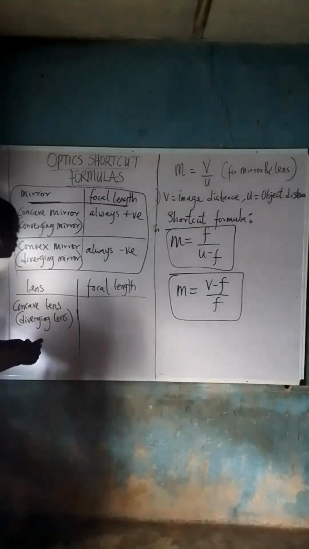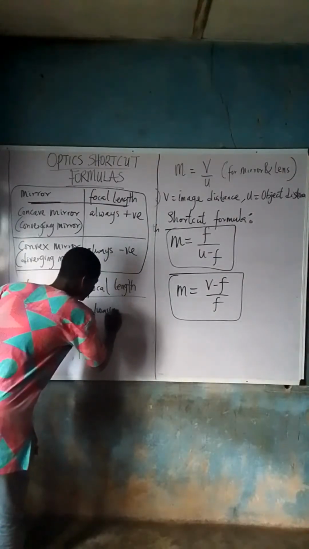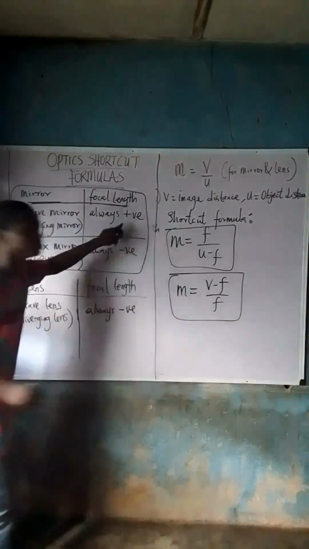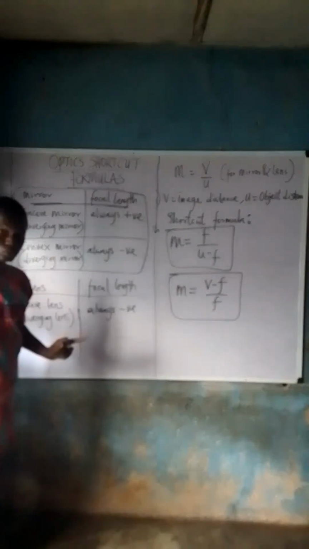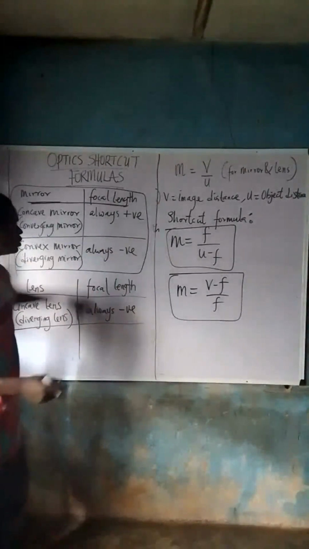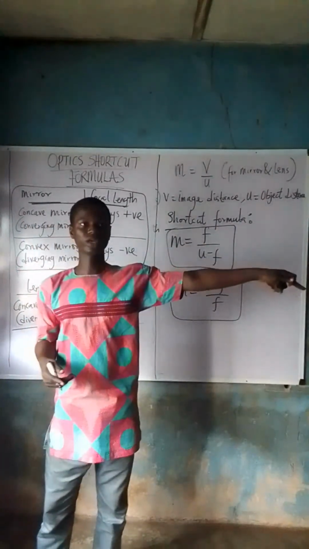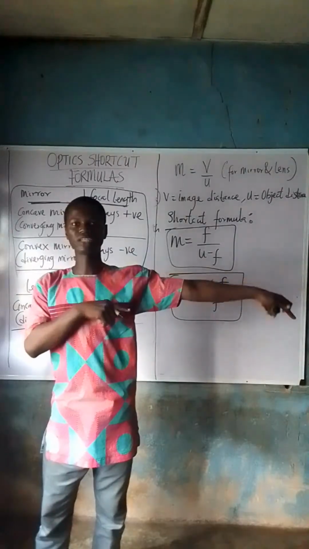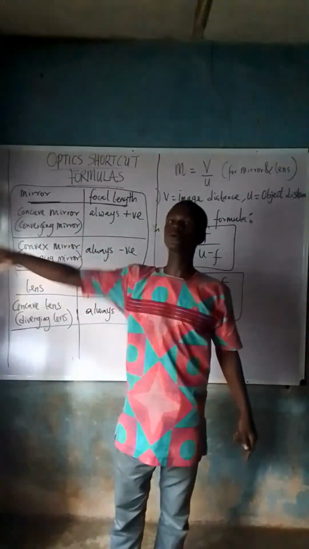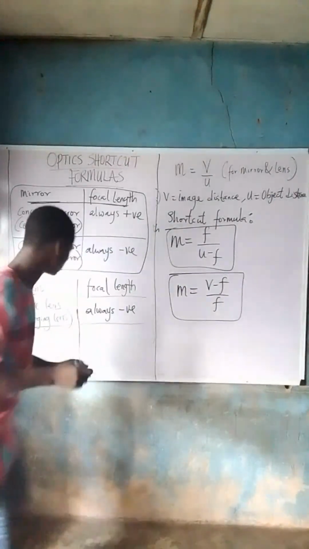Now for this, the focal length is always negative. Observe the difference too. Are we good? Good. It's just like they are twisting it. We said concave mirror is converging mirror. So in this place, we are saying concave lens is diverging lens. It's just twisting everything. Now for what?